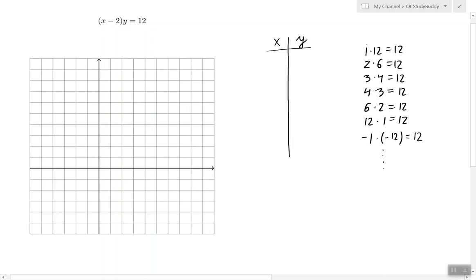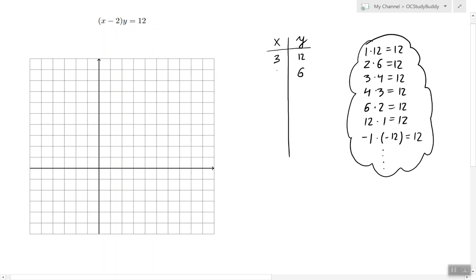And now, knowing this, which isn't much, we can start picking x and y values which make this a true statement. So for example, if y is 12, then x has to be 3, because 3 minus 2 makes the factor on the left equal to 1, and 1 times 12 is 12. So by doing this, we can just pick a y value and find the appropriate x value.